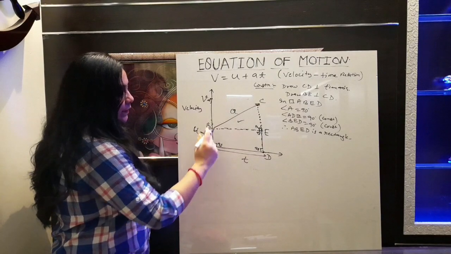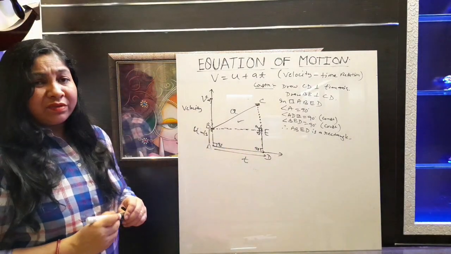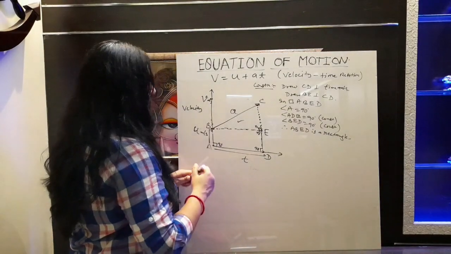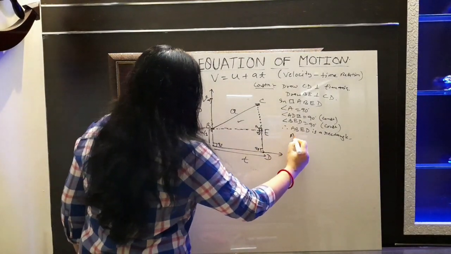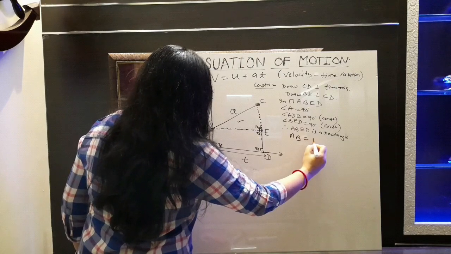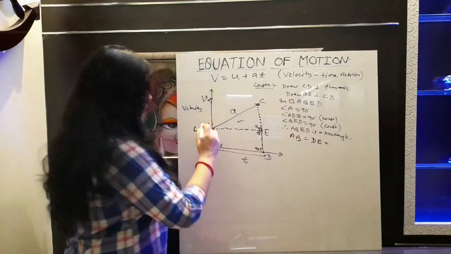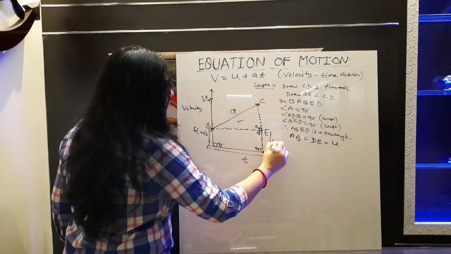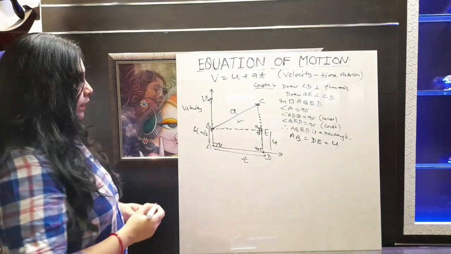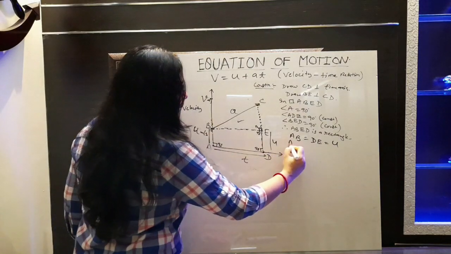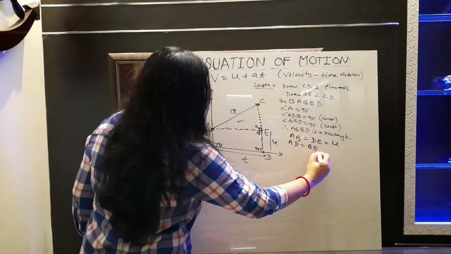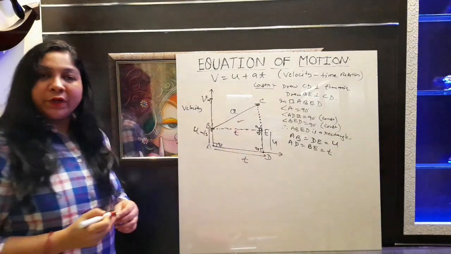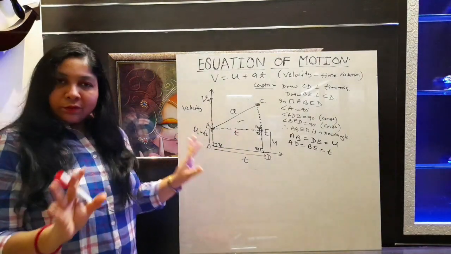As it is a rectangle, AB is equal to DE, and if AB is u, then obviously DE will also become u. And AD is equal to BE, and it will become t, because this is t, so this will also be t. No doubt?